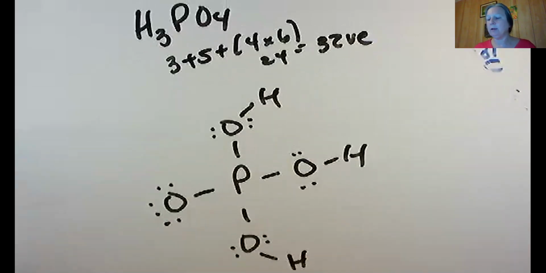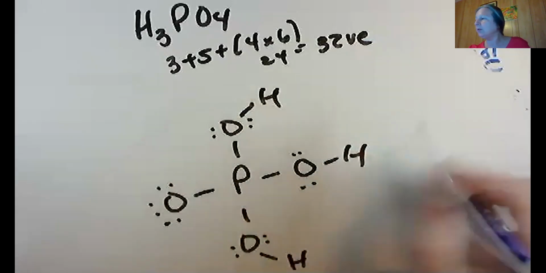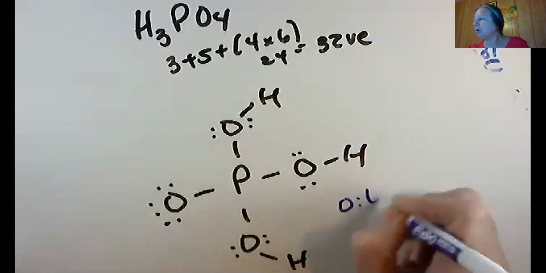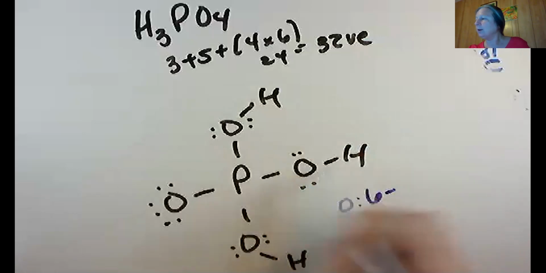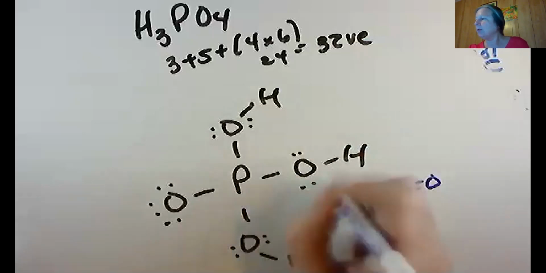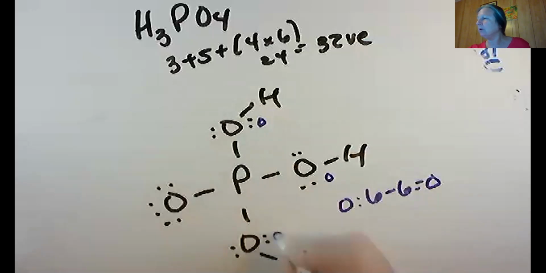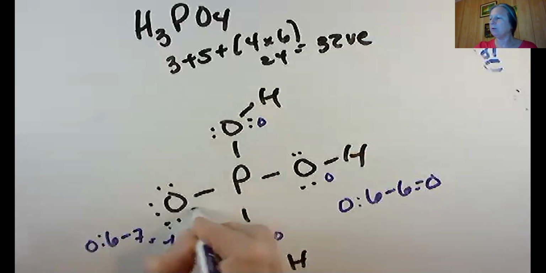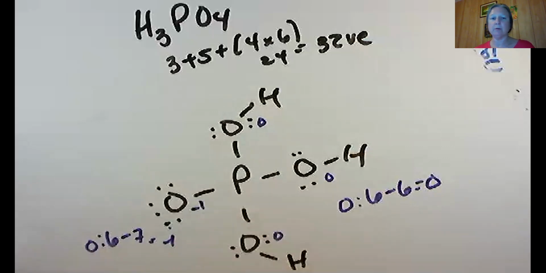Now I'm going to calculate the formal charge of this. Oxygen, so notice, the oxygens on this side, valence number is 6, 2, 4, 5, 6. So these 3 have formal charge of 0. This oxygen, valence number 6, 2, 4, 6, 7. Right? So it has a -1 formal charge.